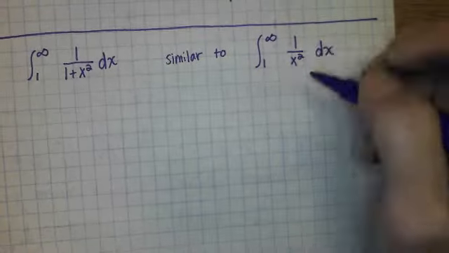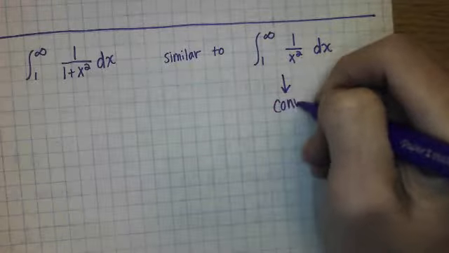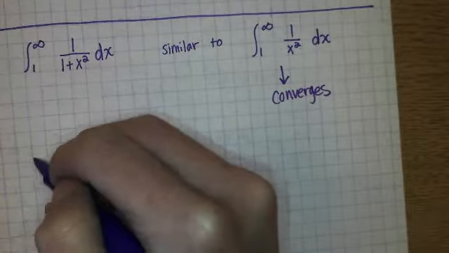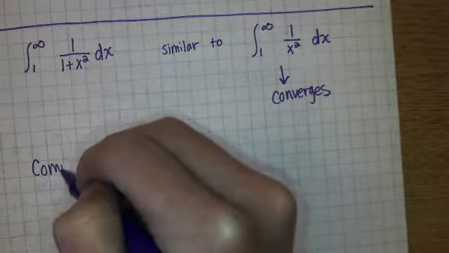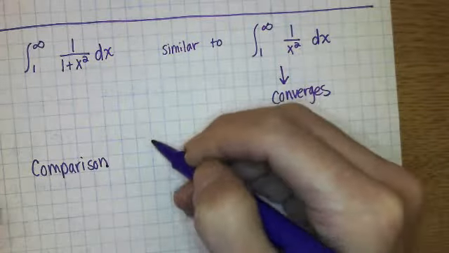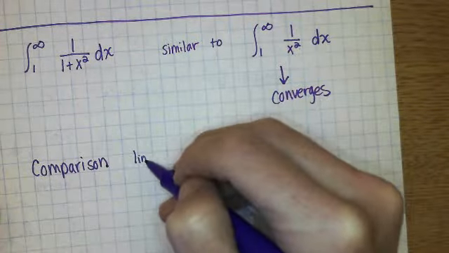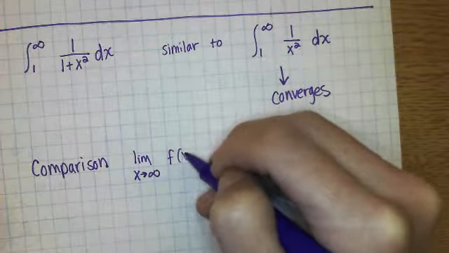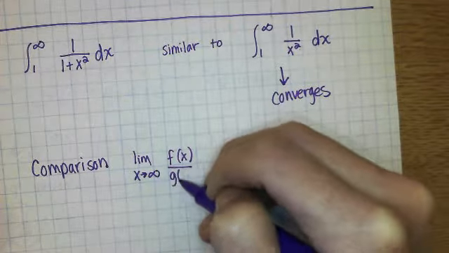So if we know that this one converges by our theorem, we are going to do a comparison between the two, almost thinking about it as a limit as x goes to infinity, almost like L'Hopital's rule, comparing one function to another.